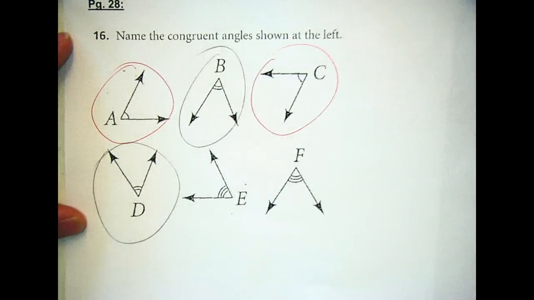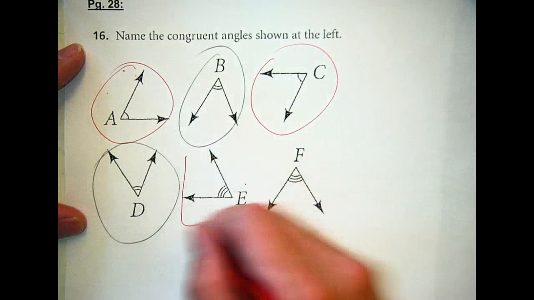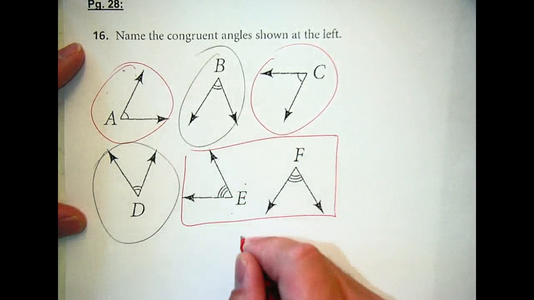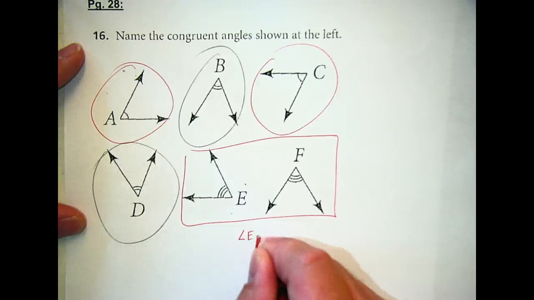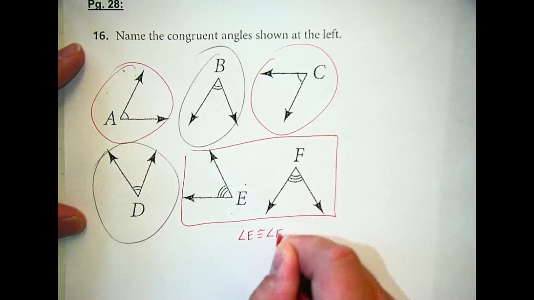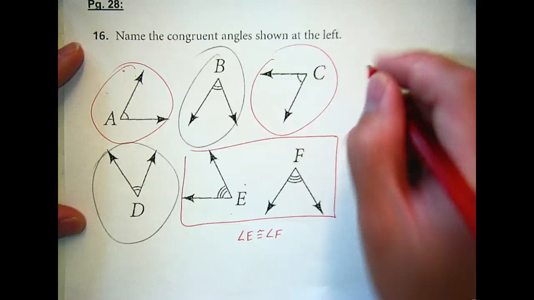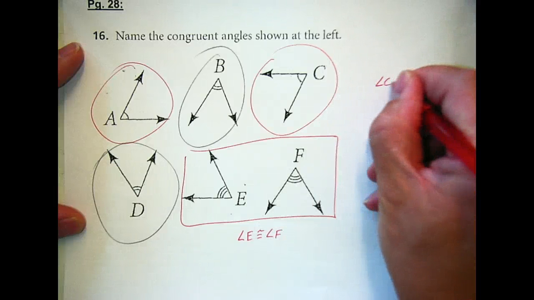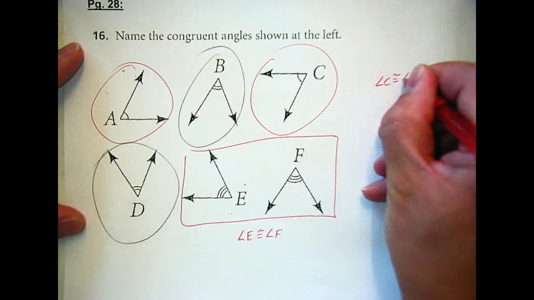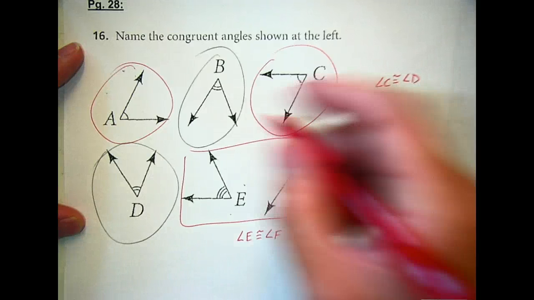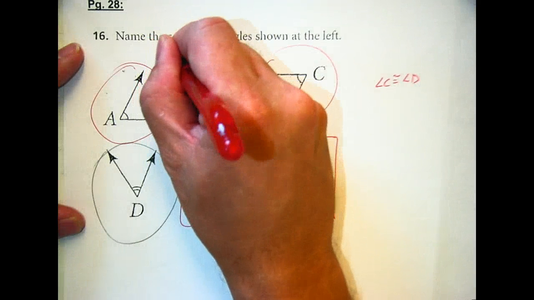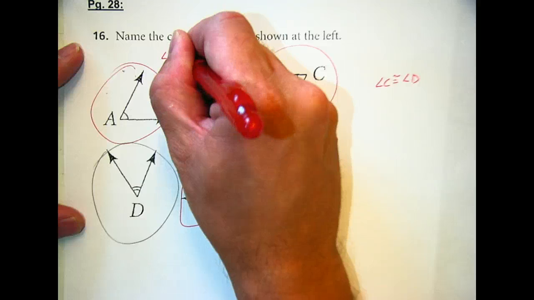Okay, any other angles that are congruent? Yes? Good. Now it's easier if we actually say angle E is congruent to angle F, and angle C is congruent to angle D, and angle A is congruent to angle B, rather than circling all of them like that.